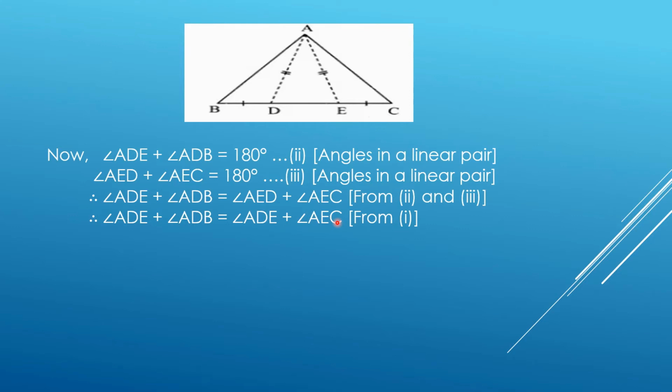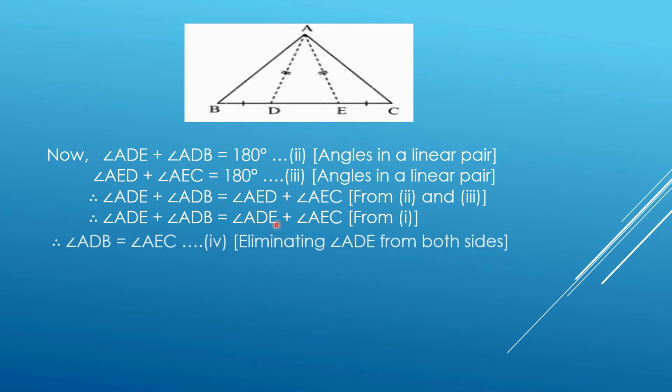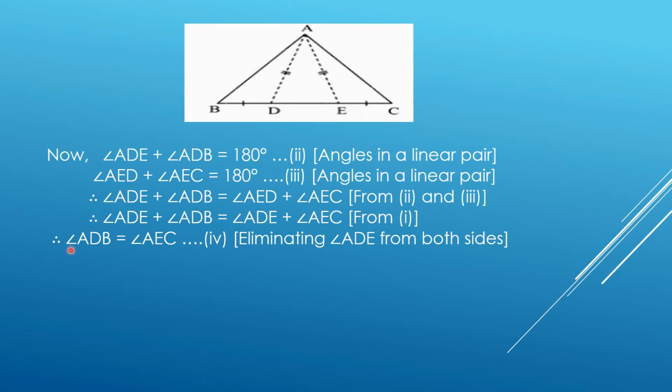That is replacing angle AED with angle ADE and eliminating angle ADE from both sides. Therefore angle ADB equal angle AEC. That is the equation number 4.